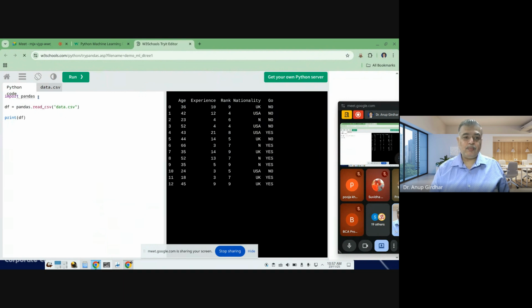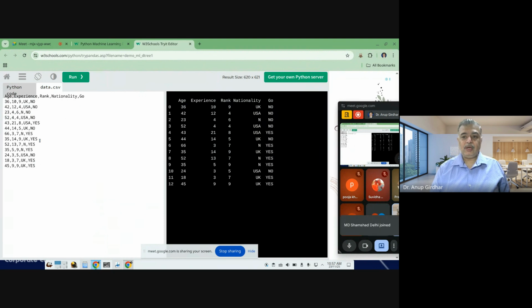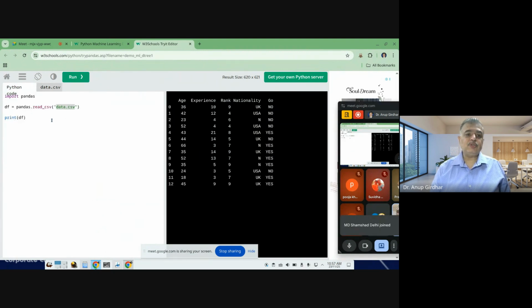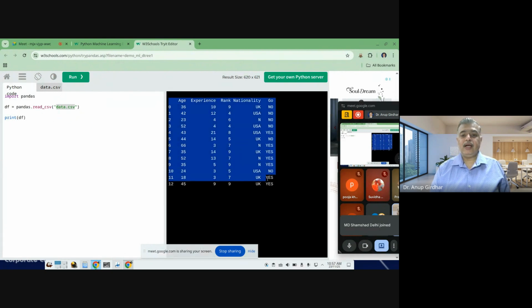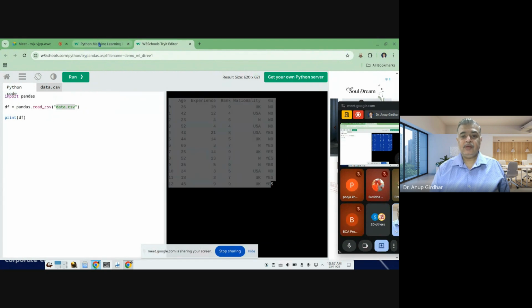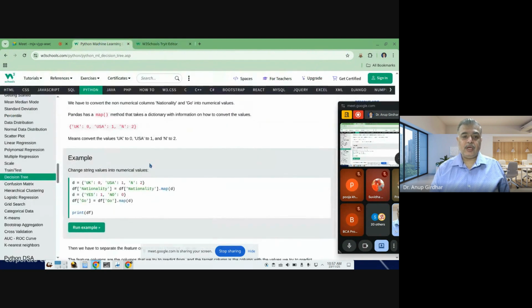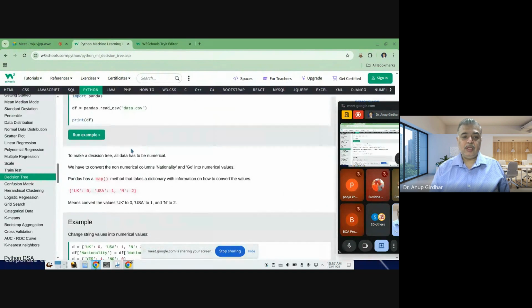So we import pandas, we call this data set. There you got a data set. This is what the data is all about. And if we use this Python code, then you got an output, where we identified our data set. Right now, if it is okay, it's good to go. Then to make a decision tree, all the data has to be in numerical form.